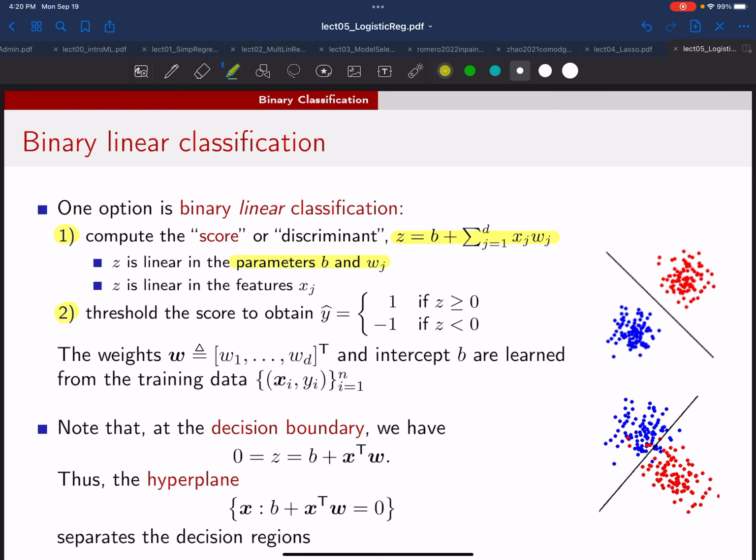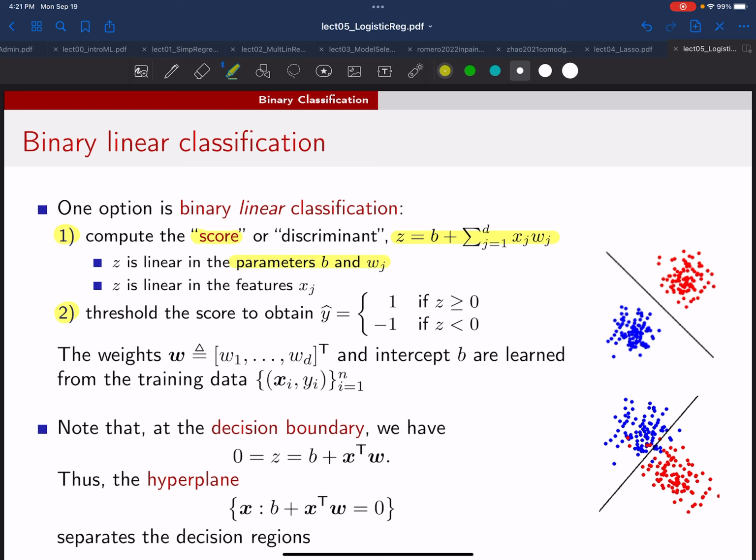Okay. So here we have our features x, we're multiplying by these slope coefficients, we're adding an intercept, and we're getting this intermediate quantity, which is called the score. That's just like what we did in regression, but in regression, we would stop there. Now, in the second step, we threshold that score.